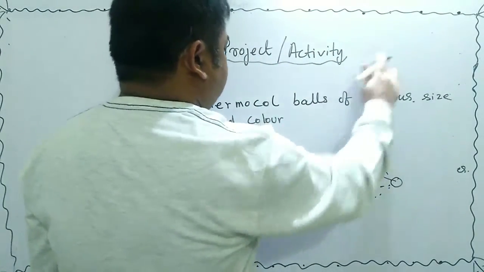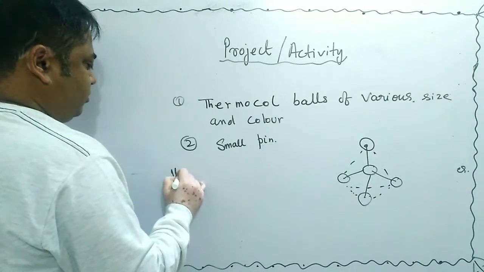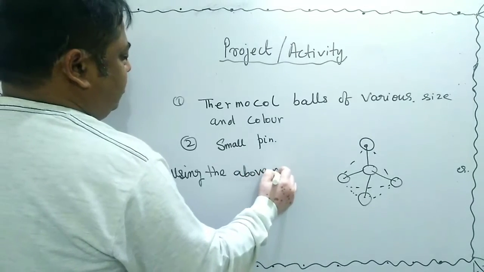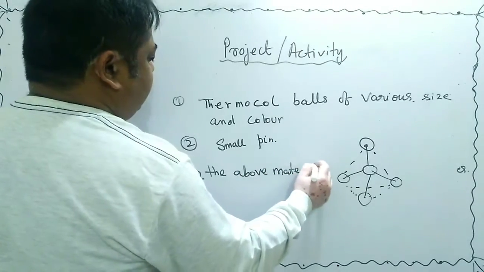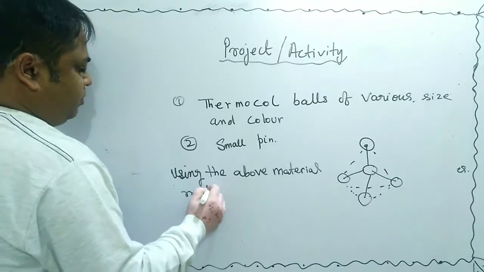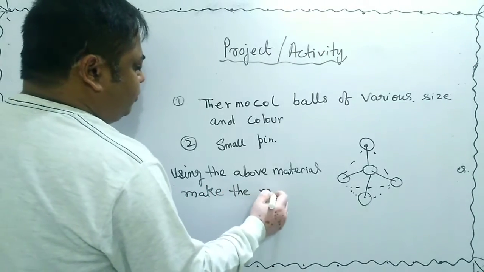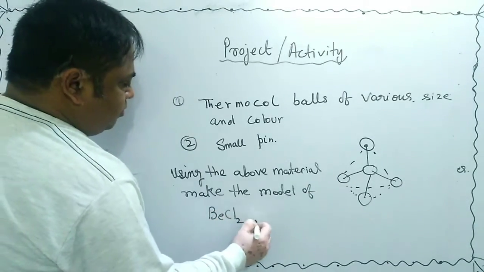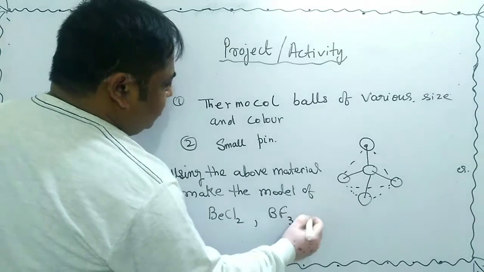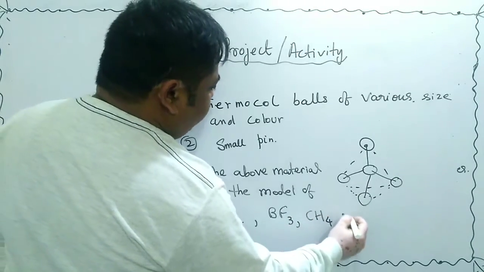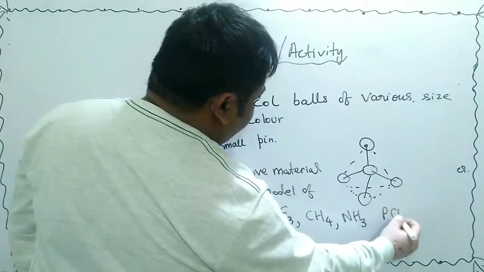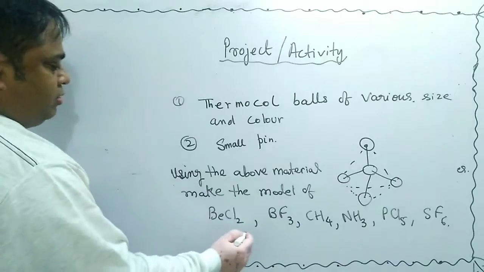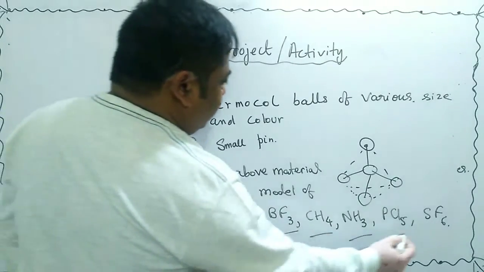Using the above material, make the model of BeCl2, BF3, CH4, NH3, PCl5 and SF6. Okay, so this is a very interesting homework which I have given you.